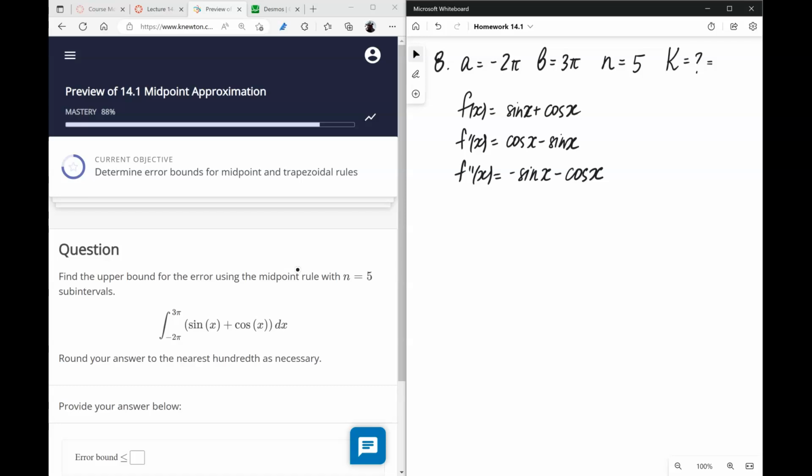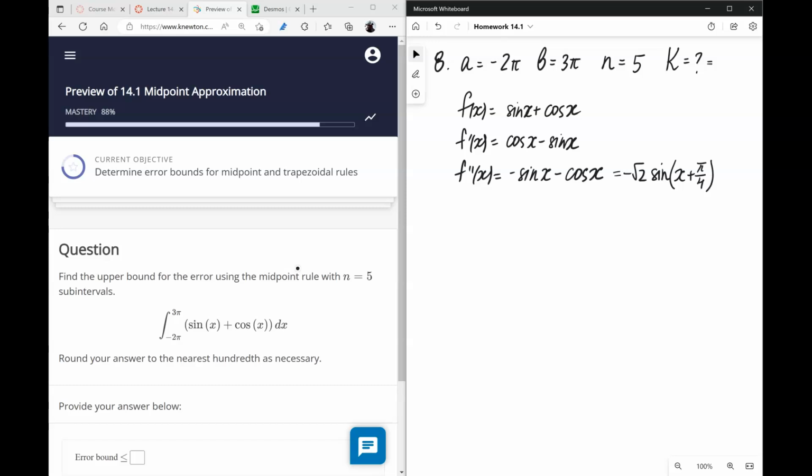It's not an obvious fact, but it is true that this can be written as negative square root of 2 sine of x plus pi over 4.